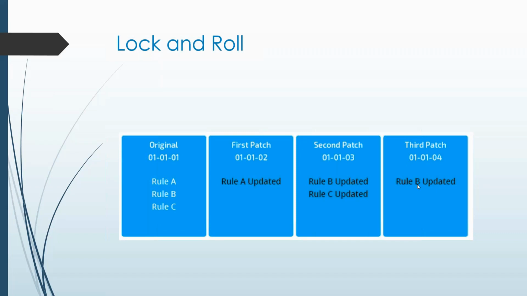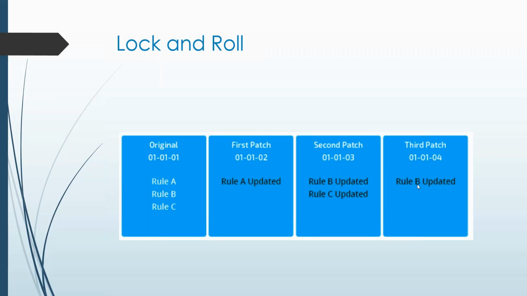Now, if I ask, what is the version of Rule A that the system would pick? From which version would it be? Would it be from the original patch, second patch, or third patch? For A, it will be from the first patch.